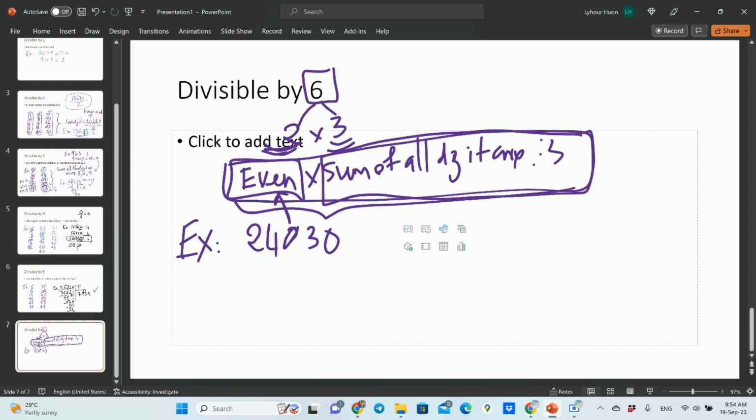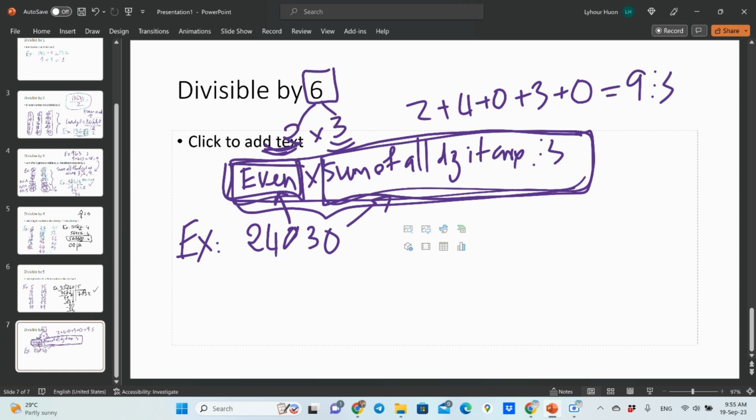The sum of all digits will be 2 plus 4 plus 0 plus 3 plus 0, which is 9. So it's divisible by 3. So this number completes these two conditions. Now we want to check whether, if it completes these two conditions, it is divisible by 6 or not.